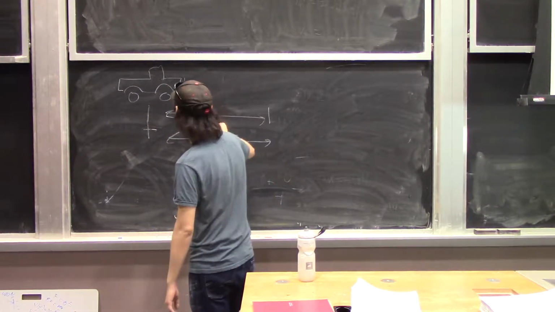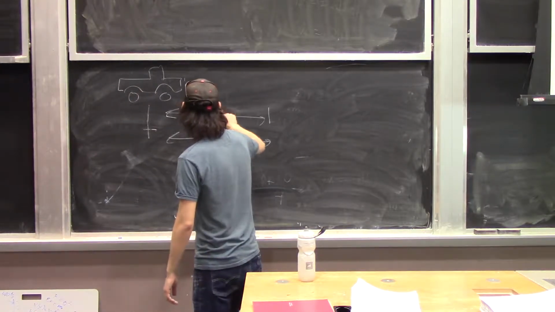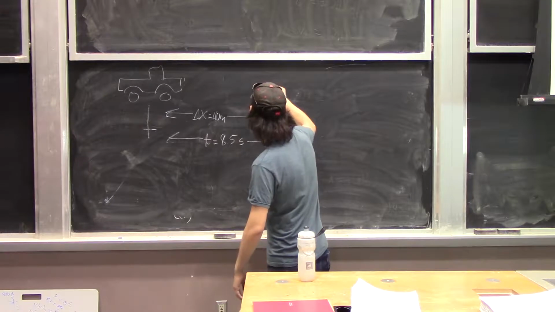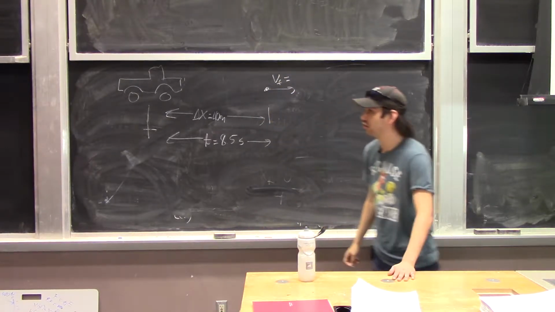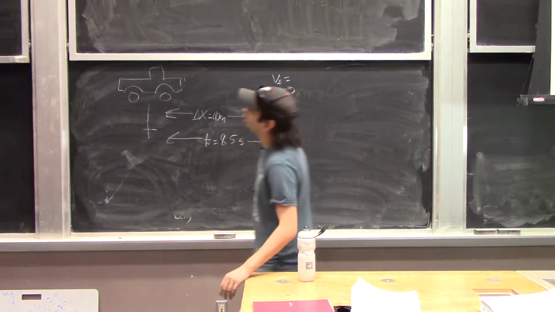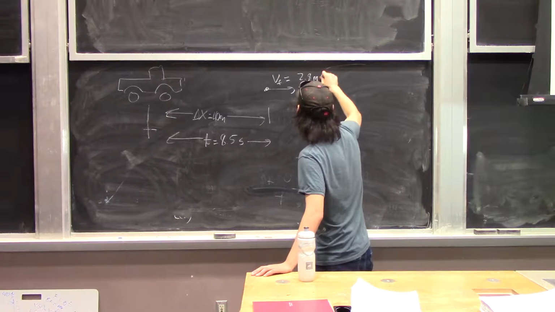And this distance here, what was this, 40 meters? It's 40 meters. And when it gets over to here, it has some velocity Vf, where this Vf is going to be equal to 2.8 meters per second.